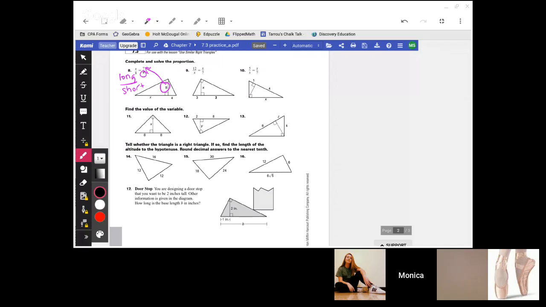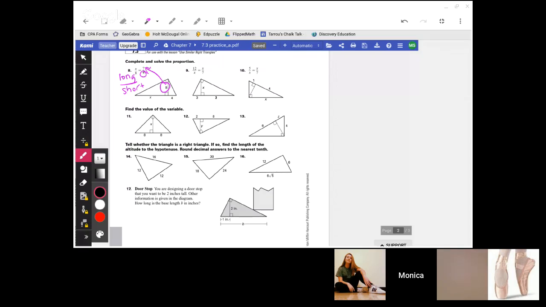Okay, so we have hypotenuse over long side, or the long leg, equals, so now x is the hypotenuse of which other triangle? Small, medium? Okay, so it's the hypotenuse of the medium.